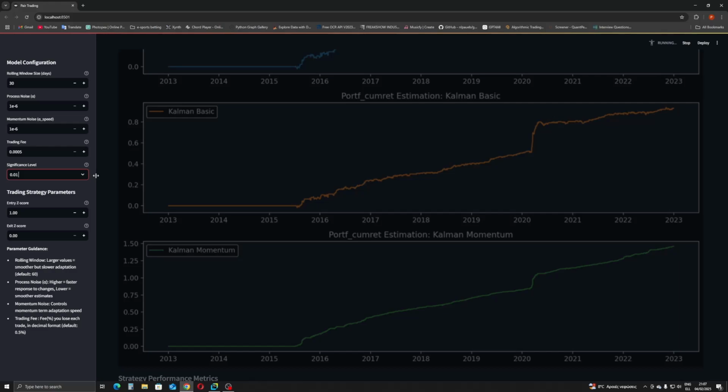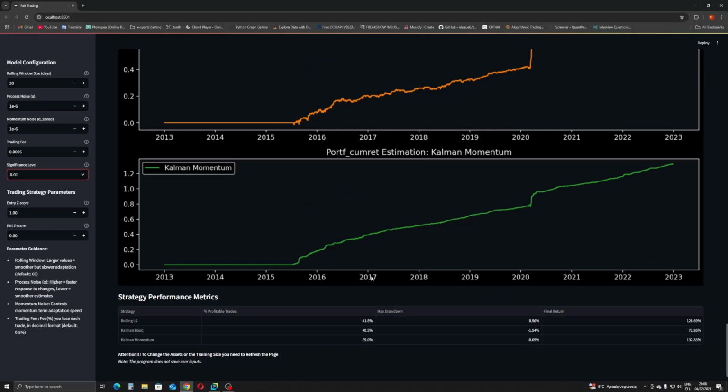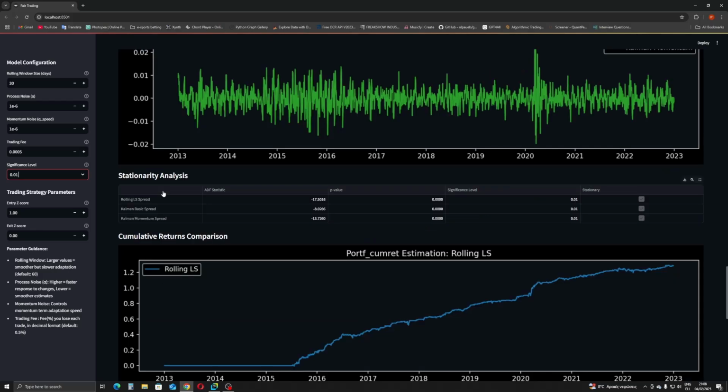So we see that our linear regression with a lookback period of 30 days performs much better than 60 days. We see that our spread is still stationary, which means it's mean reverting even for 1%.